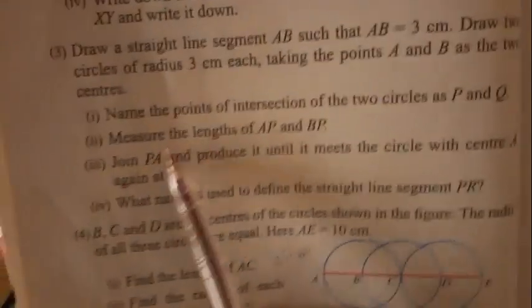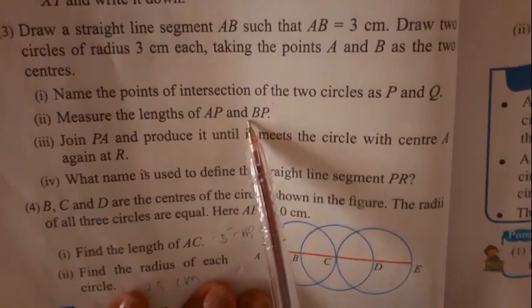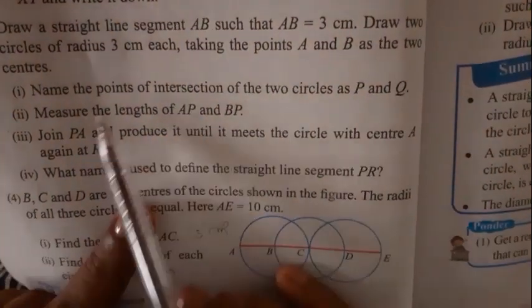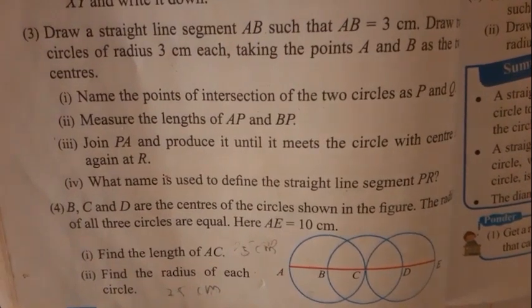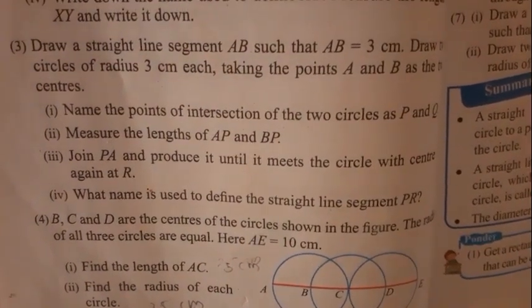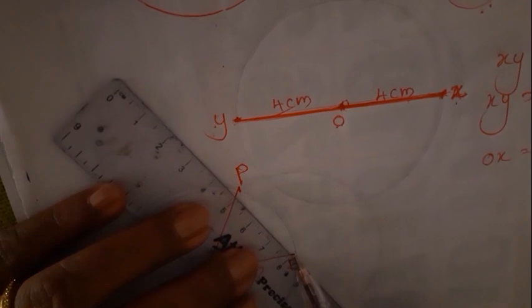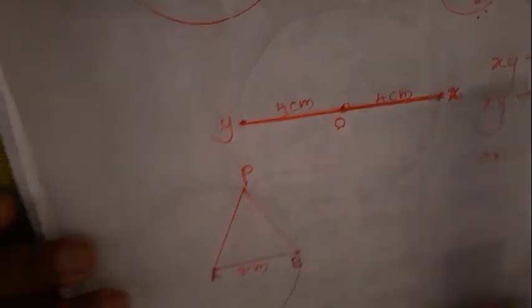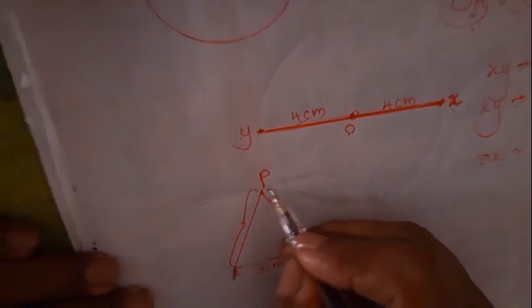Then the next step, measure the length of AP, from here to here, and BP, from here to here. Now you have to measure AP and BP.